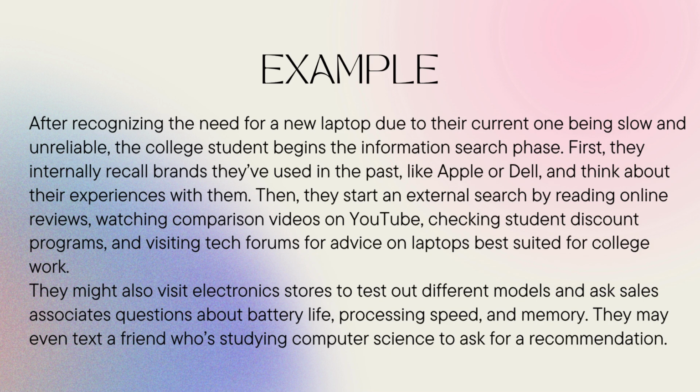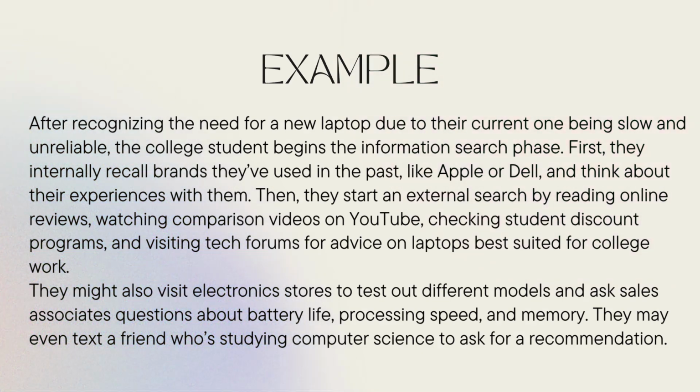Then, they start an external search by reading online reviews, watching comparison videos on YouTube, checking student discount programs, and visiting tech forums for advice on laptops best suited for college work. They might also visit electronics stores to test out different models and ask sales associates questions about battery life, processing speed, and even memory. They may even text a friend who's studying computer science to ask for a recommendation that best suits their needs.